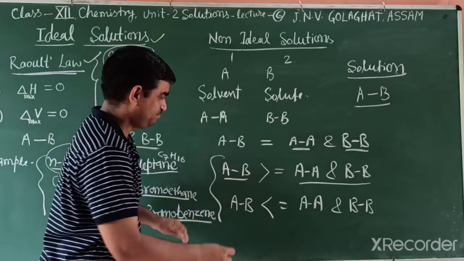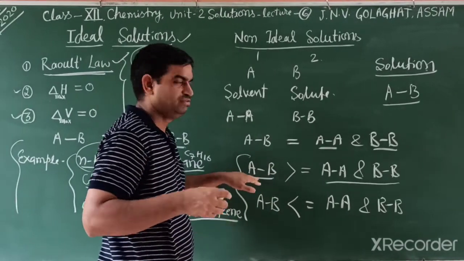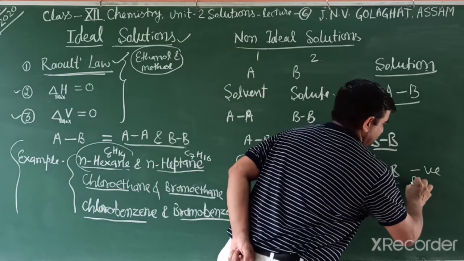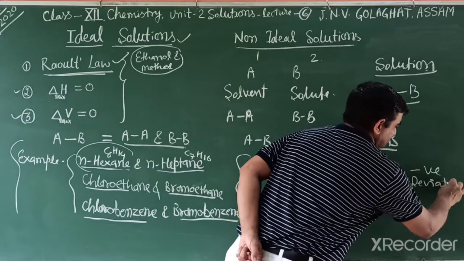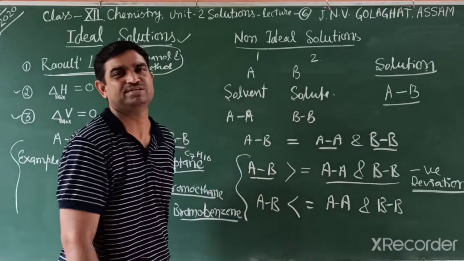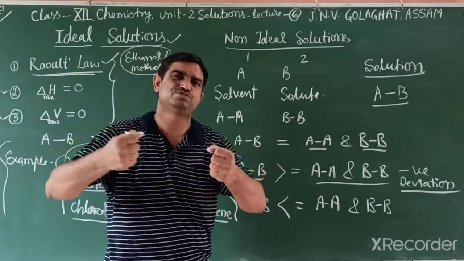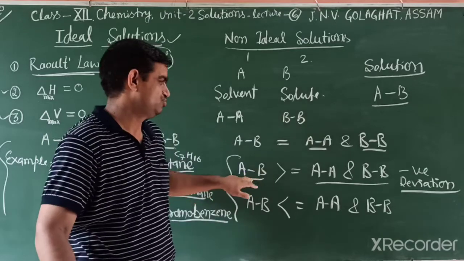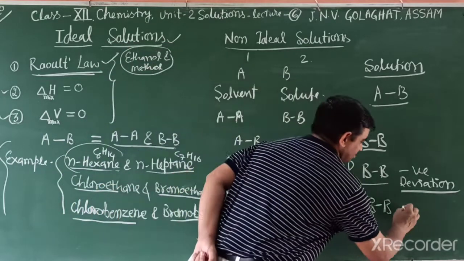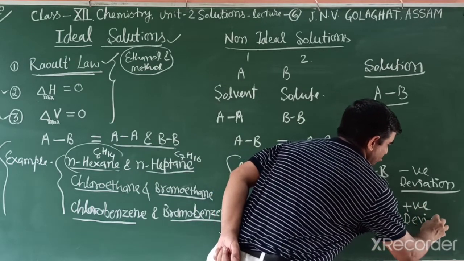If the new force is stronger, that shows negative deviation from Raoult's law. We will discuss after some time what we mean by negative deviation. If the force is weaker, that shows positive deviation from Raoult's law.